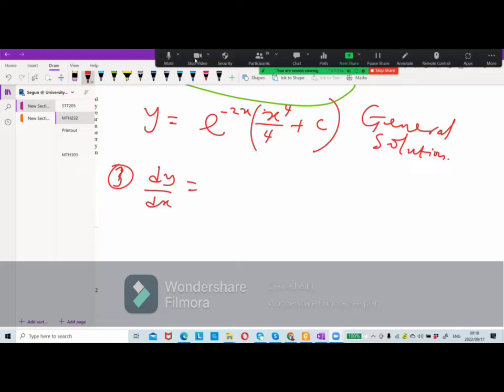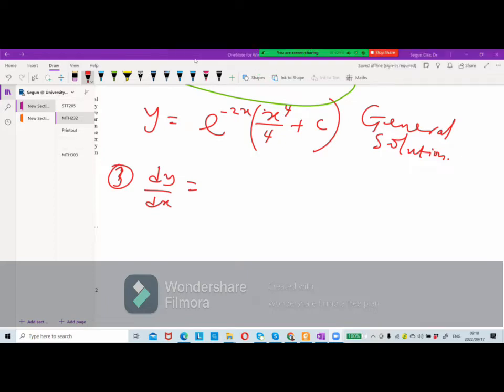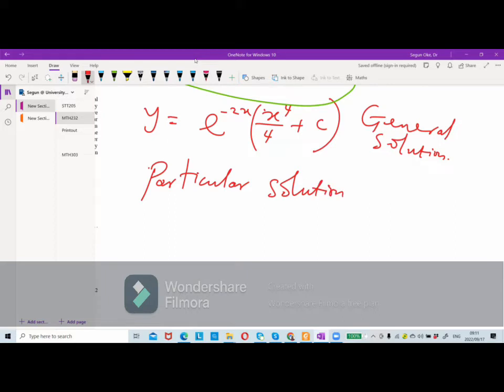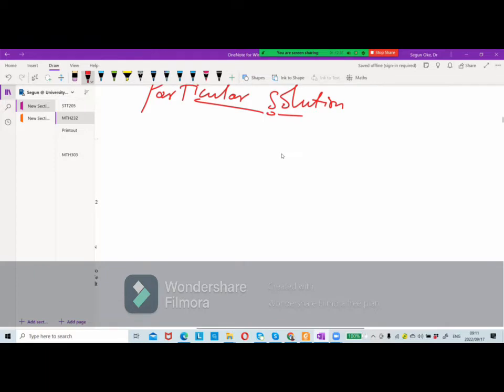Sorry for the interruption. So we have y. We want to see how we find, okay, let me write the topic so that you will know: particular solution. How many of us have seen a question on that? Is it there in your manual? So the question says, find dy/dx equals x squared over y squared.